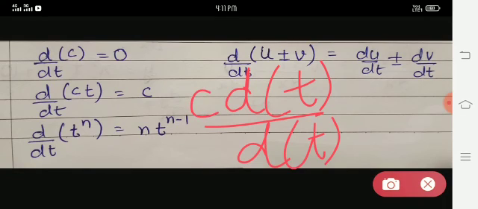Here we have taken c common outside the differential function. So basically this remains c, since these both eliminate and result in 1.